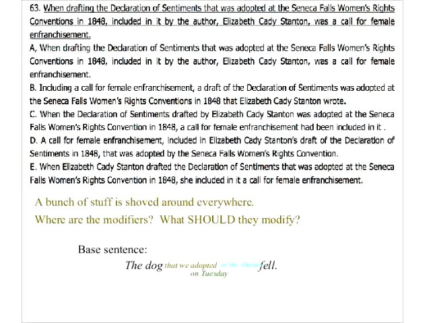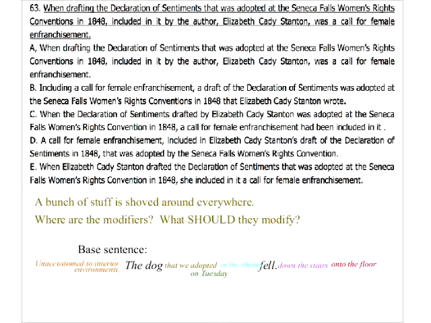The dog that we adopted at the shelter on Tuesday fell down the stairs onto the floor. And then you could even have an initial modifier thrown in there too. So like, unaccustomed to interior environments, or to indoor environments or whatever.